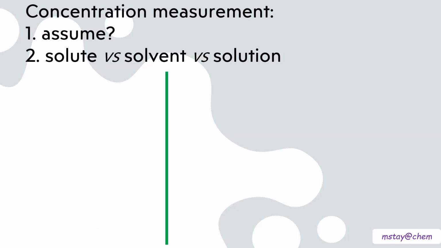Okay, the last part of this video is the concentration measurement. As we know from the tutorial class, the first thing we must remember is the formula of the concentration measurement. Just remembering the formula is not enough, as when we read the question, we need to get the idea whether for this question we need to do an assumption or not.